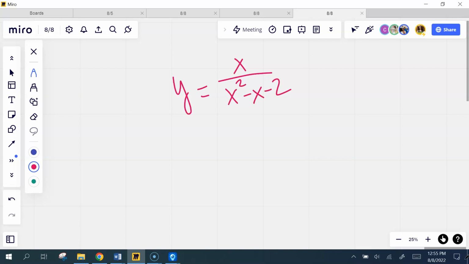Does this one have a horizontal asymptote? If so, where? It's bottom heavy, which tells me what? y equals 0. See how we're literally just using that?